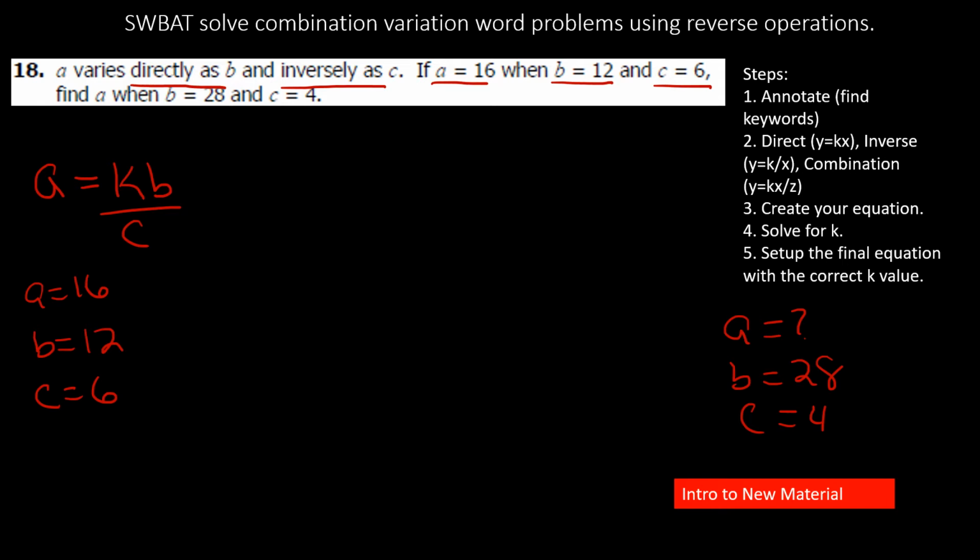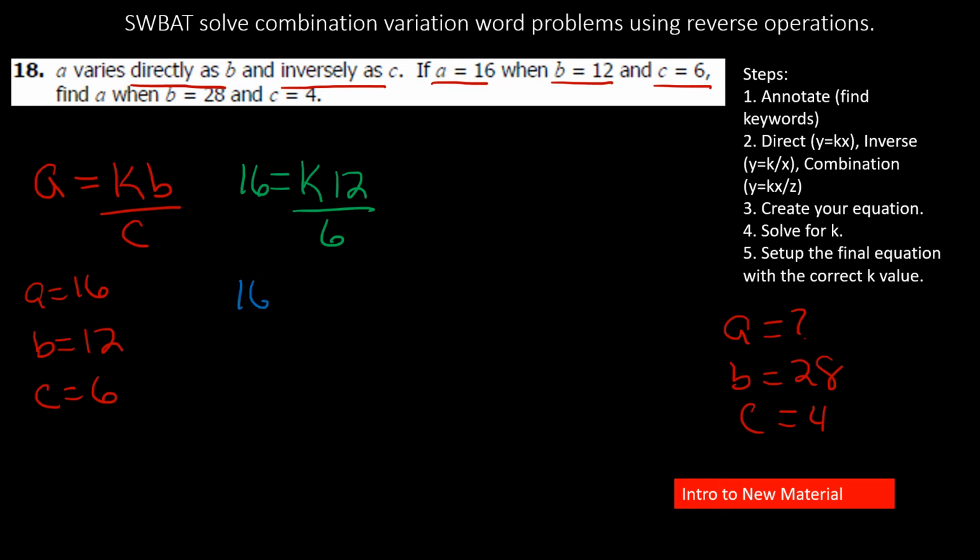So what they didn't give us is K, our constant of variation. As typical, that's what we've been solving for this past couple of days. So we're going to start plugging in these values. We're going to say 16 is equal to K times 12 over 6. Now we can start simplifying this out. I already know that 12 and 6, I can reduce that.